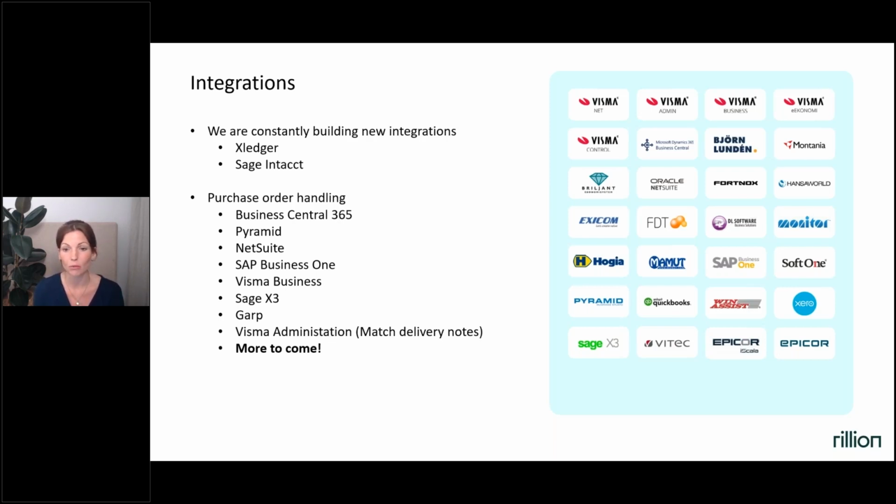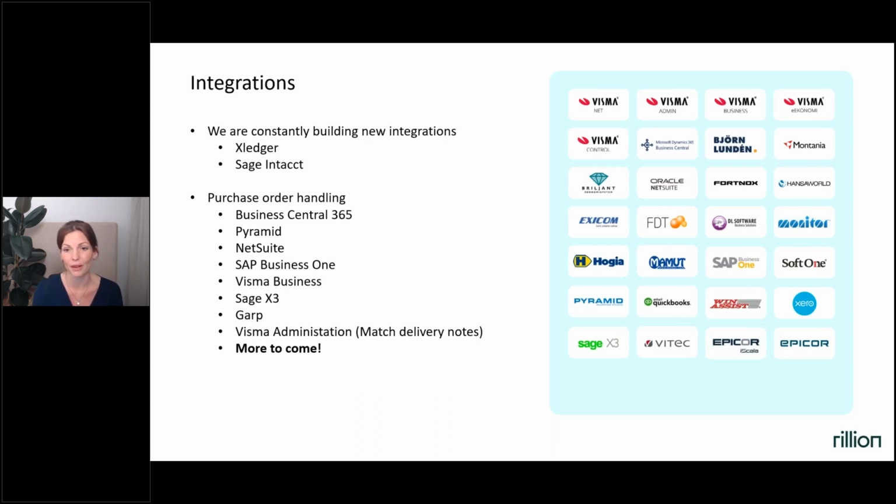And we do have PO matching in a few systems for now, as you can see on this list: Business Central, Pyramid, NetSuite, SAP Business One, Sage, and we're adding that functionality in more and more integrations as well. So if you don't have that today, maybe you weren't interested in that at all.